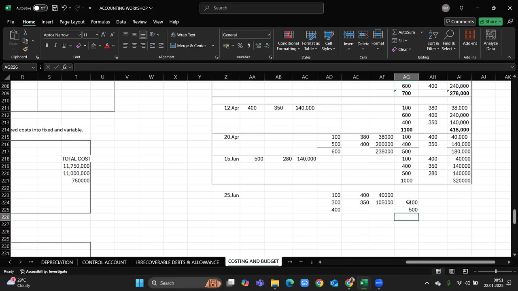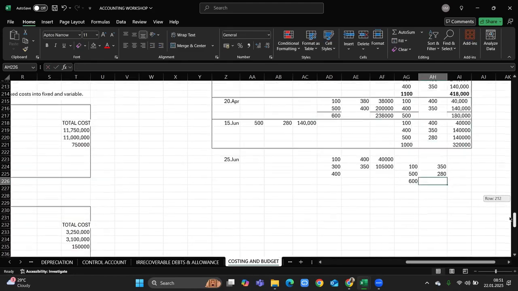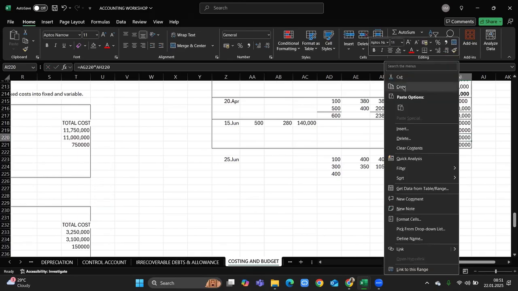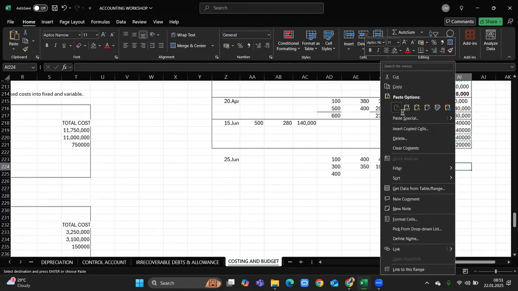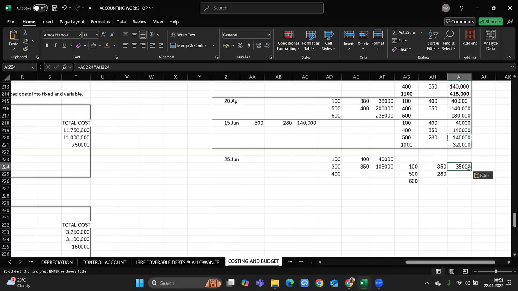Then you'll follow with your balances of 100, 500, you will get 600. And then 350, 280, you will get 35,000 and 140,000. So once you get this, you add. So this is for your 25 June.